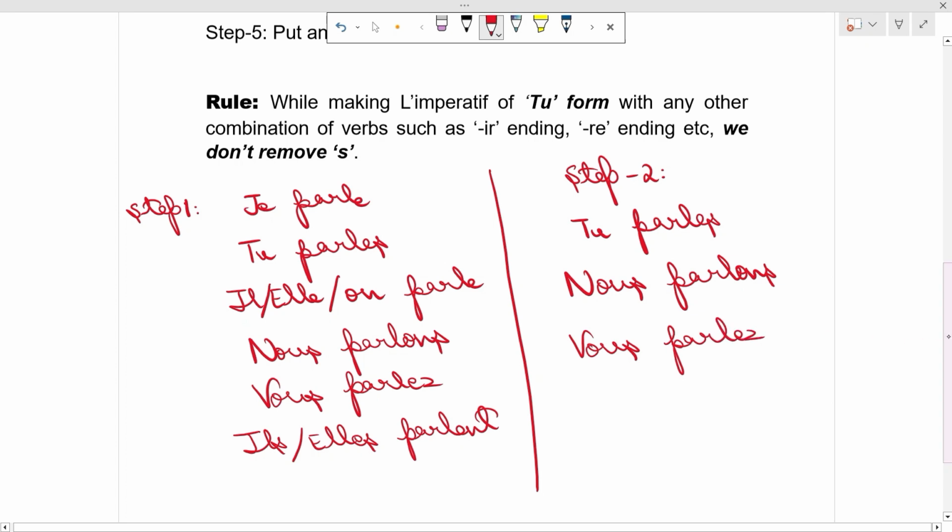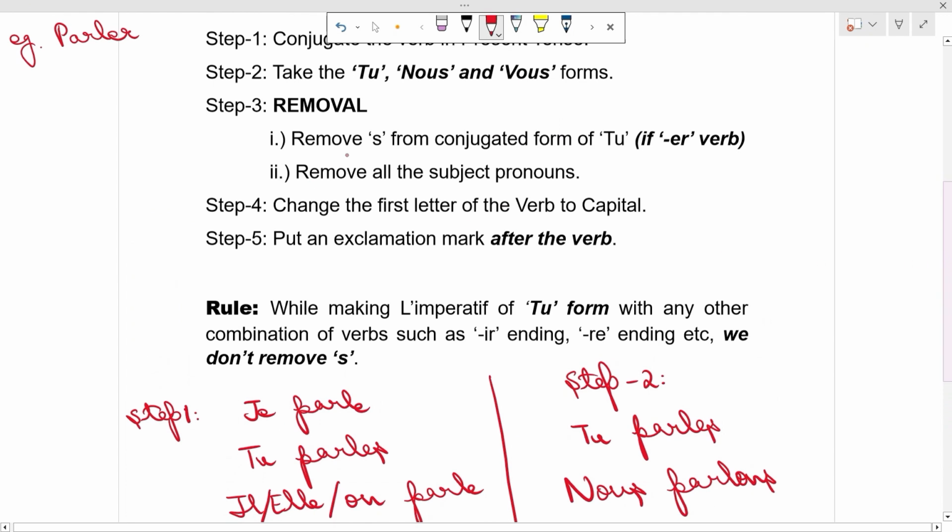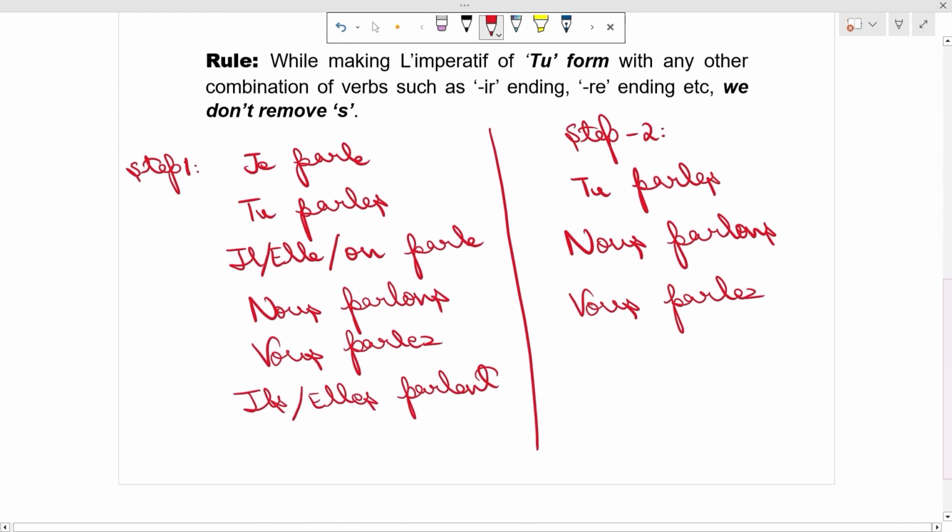We don't require the rest of the forms. The third step is to remove s from the conjugated form of tu if the verb is er ending. Parler is er ending, so we will remove this s from here.